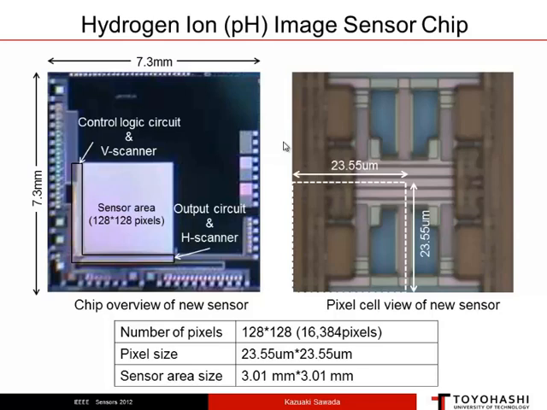Here is the sensing area for pH, hydrogen ion, and these are the readout circuits. The pixel pitch is 23 micrometers, and the size of the sensor area is 3 by 3 millimeters. I will show you the real-time ion image later, but we can get very clear ion movement with the ion image sensors.